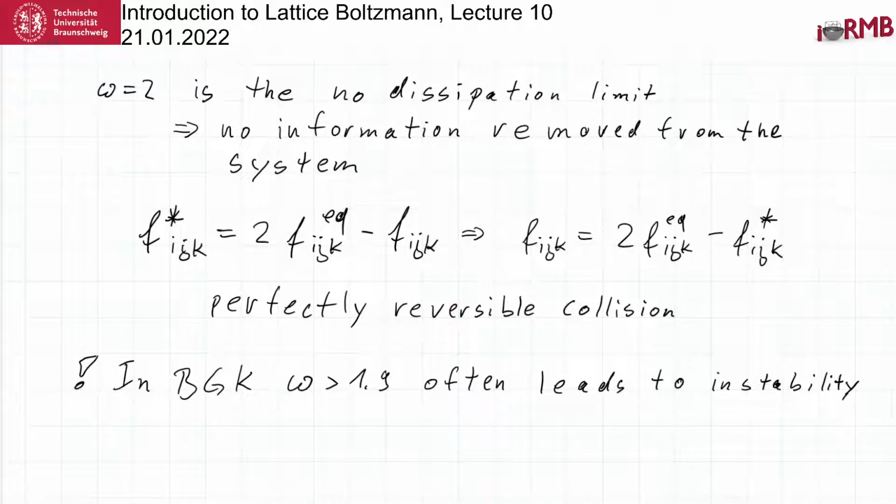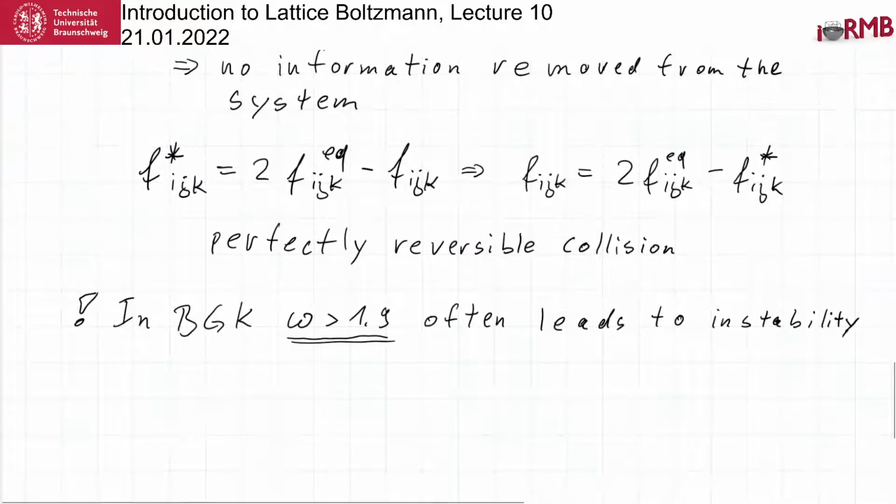Okay, now we have this problem. We want to get with omega as close to 2 as possible, but in the BGK equation, we are stuck with a value quite below omega equal to 2.